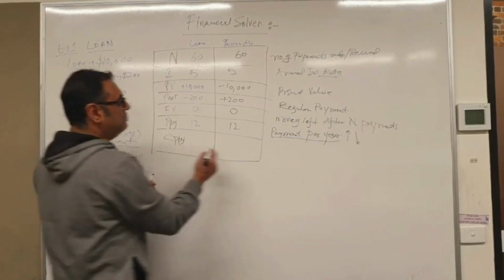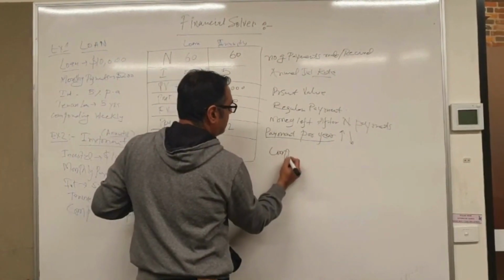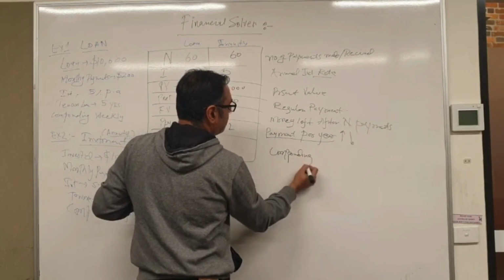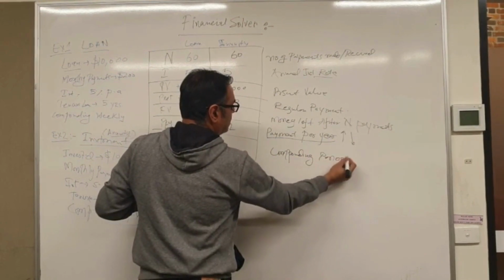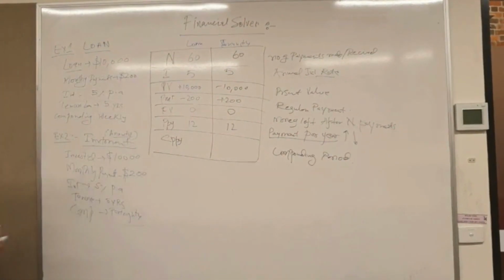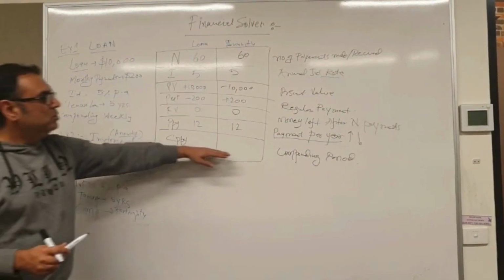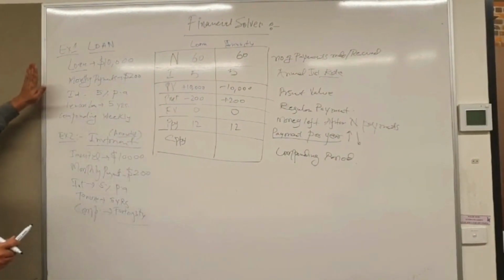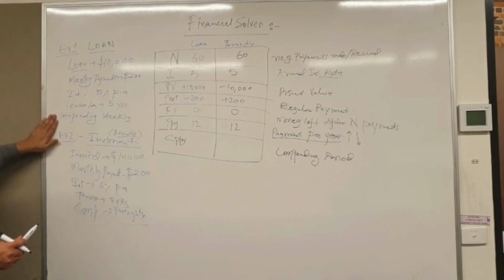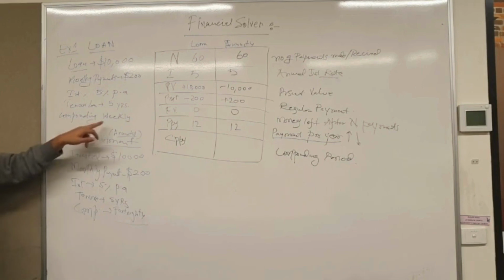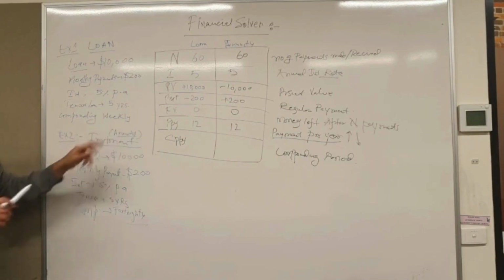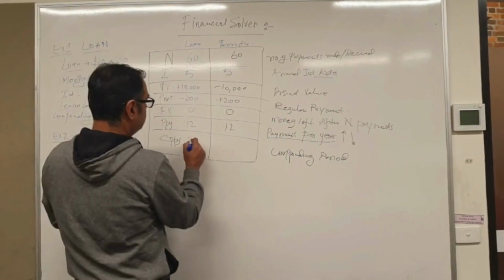This is called CPY, the compounding period. Compounding period. So, Tanu, how many compoundings are happening in loans? 52. Why? Compounding weekly. Did you get it, Michelle?